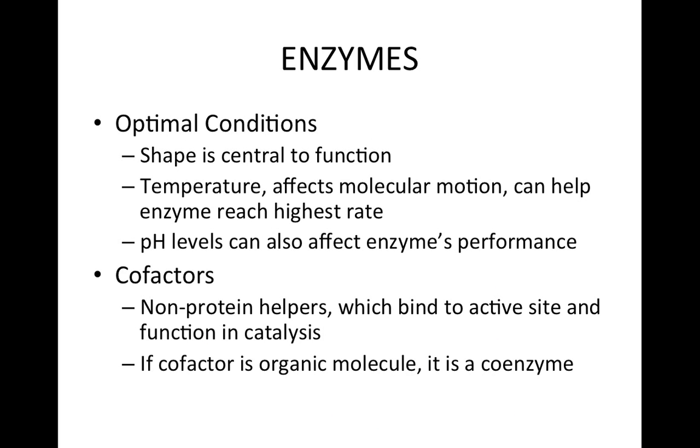And then with enzymes, there are optimal conditions. Shape is obviously central to function. If the shape of an enzyme is altered and substrates cannot bind, then that reaction will not occur. Temperature, which affects molecular motion, can either help speed up an enzyme reaction, or if you exceed the temperature, you can cause proteins to denature, which could cause the enzyme to lose its shape and its ability to do its job properly.